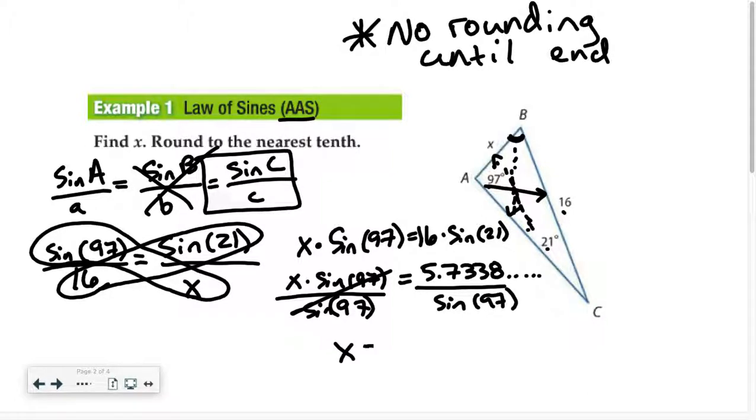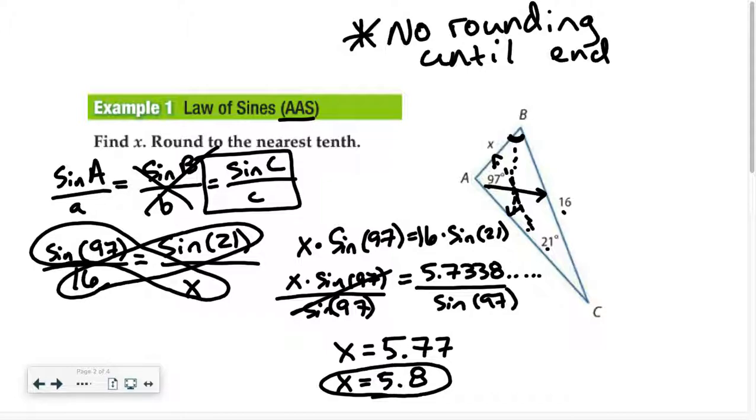That gives me x equals 5.733887193 divided by sine of 97. Punch that into my calculator, I've got x equals 5.7... to the nearest tenth, which is one decimal place, I'll be rounding that 7 up to an 8. X equals 5.8.